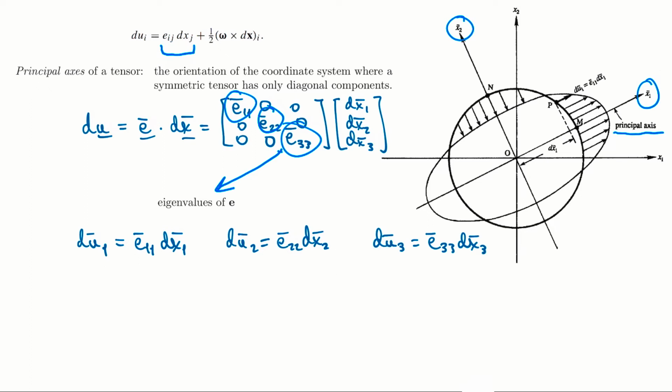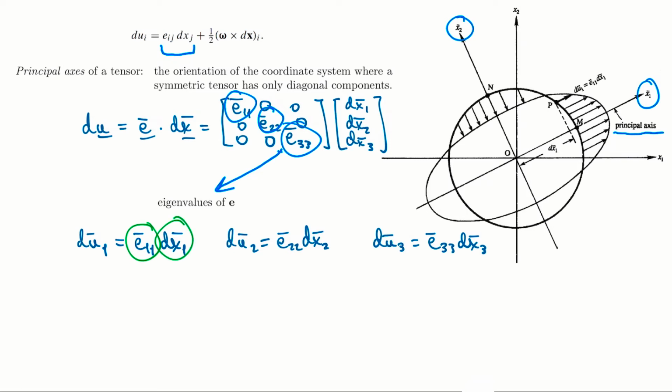Now in looking at this mathematical expression, it tells us what's physically happening here. If E11 with a bar over it is positive, then this equation shows that point P is moving away from point O in the x1 bar direction at a rate that's proportional to the distance dx1 bar.